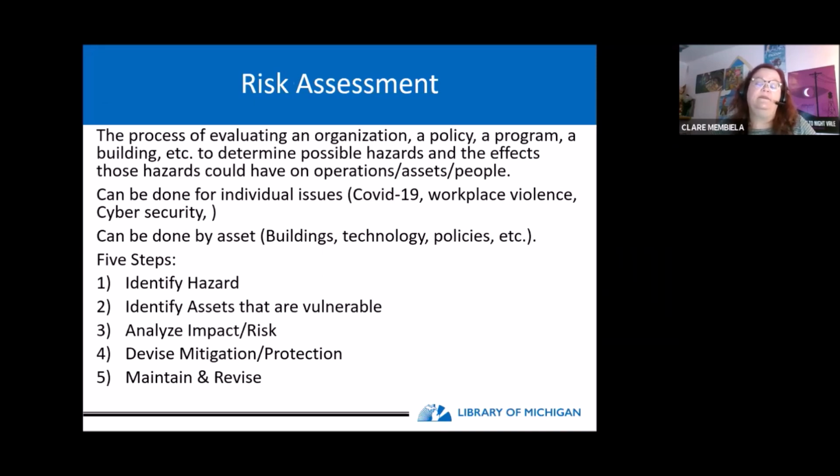Now, a risk assessment. When you're looking at your organization, you're saying, okay, I want to consider all of the risks in my organization. There's different ways to do this. You can have an individual risk assessment broken up for individual kinds of categories. For example, I want to look at specifically pandemics.